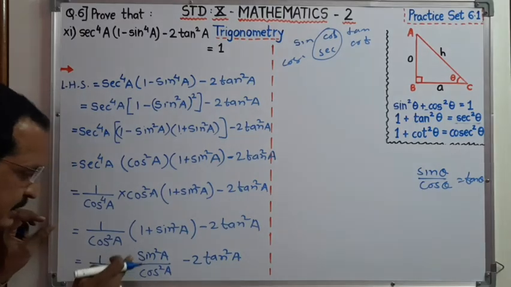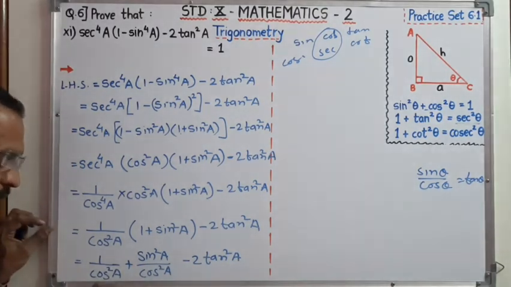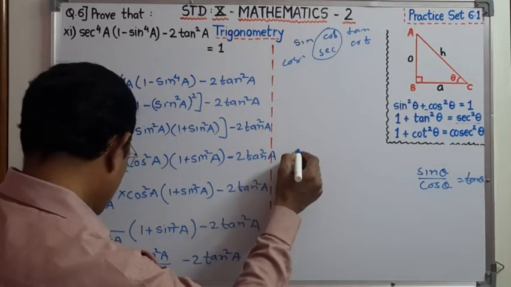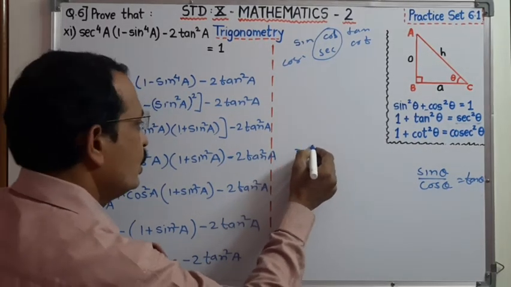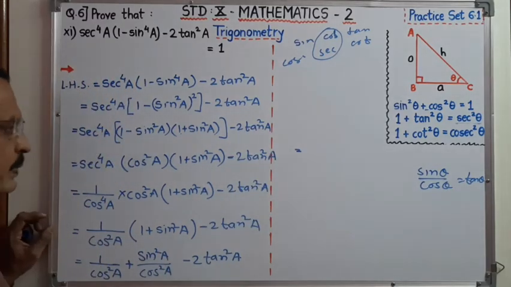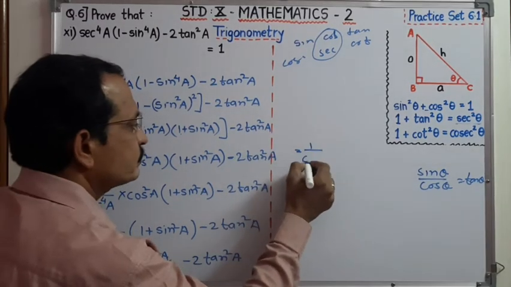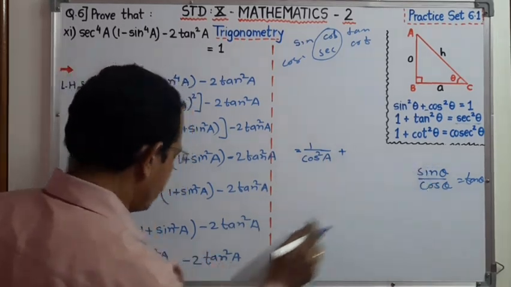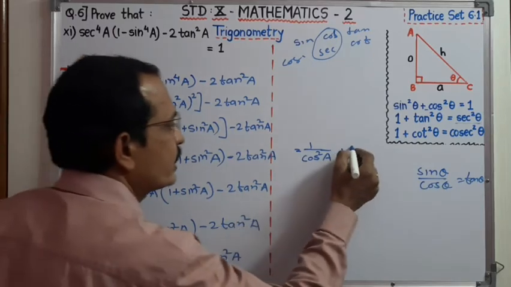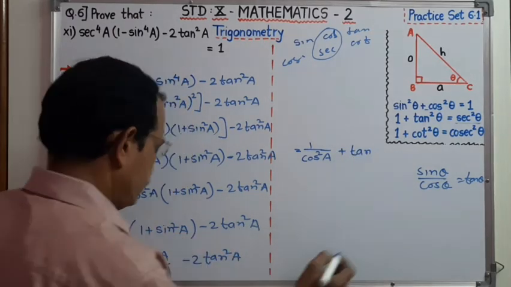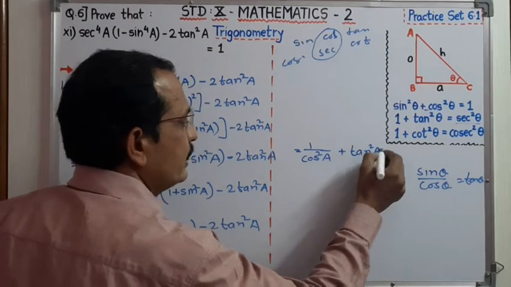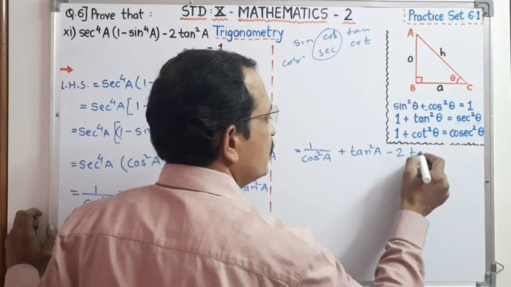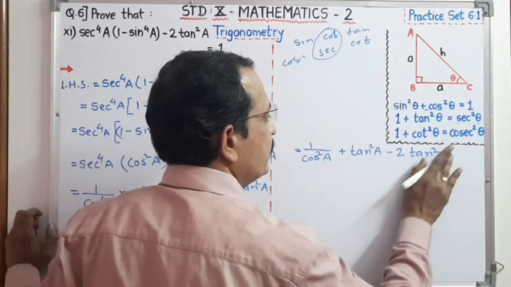Therefore instead of this sin^2 A upon cos^2 A, we can write tan^2 A. Therefore dear student, we can write LHS is equal to 1 upon cos^2 A plus tan^2 A minus 2 tan^2 A.